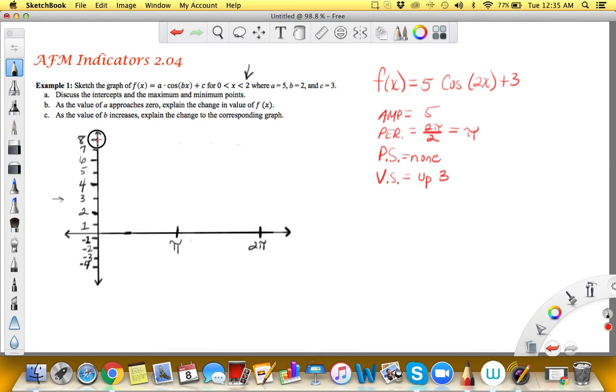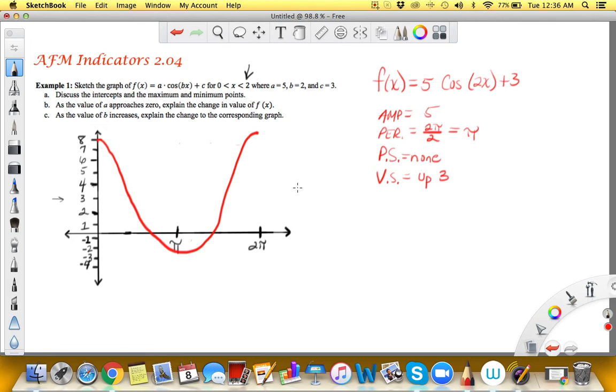So its maximum point is going to be up here at 8. But then the minimum point is going to be down at 3. I'm sorry, -2. And I'll explain what I mean by that. And it's going to go back up to 8. And we're going to stop right here at 2 pi because it tells us that it wants us to go between where x is between 0 and 2 pi.